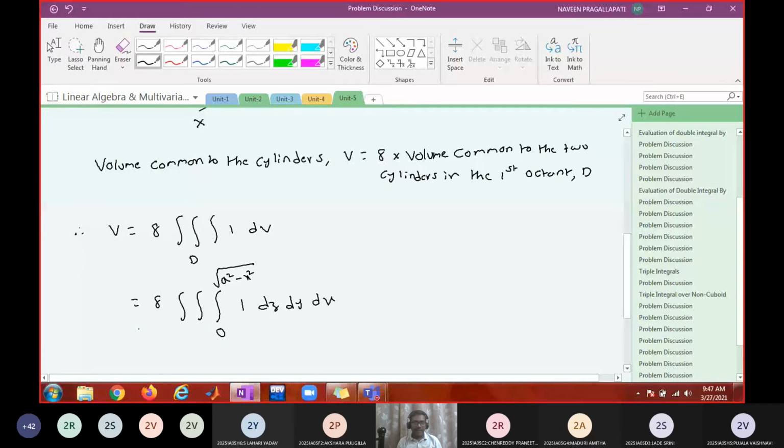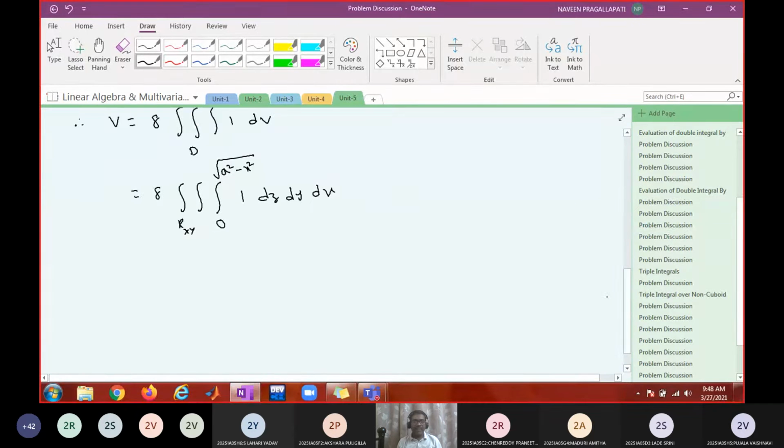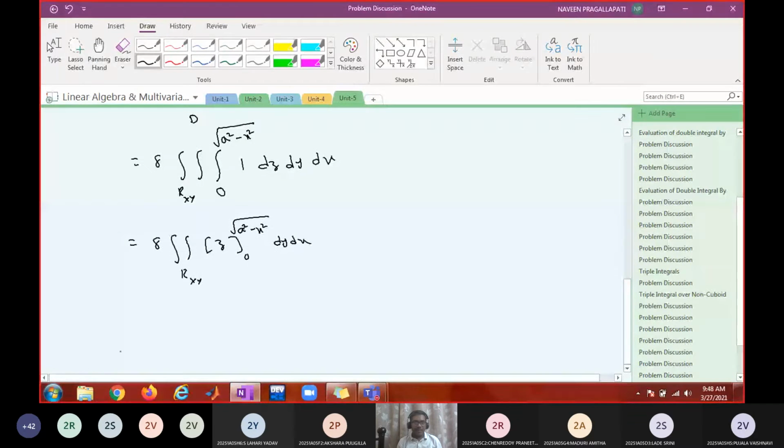I will take the limits later. So this is 8 times the double integral over Rxy. Integration of 1 is z, 0 to root of a square minus x square, dy dx. So what is this integral value?